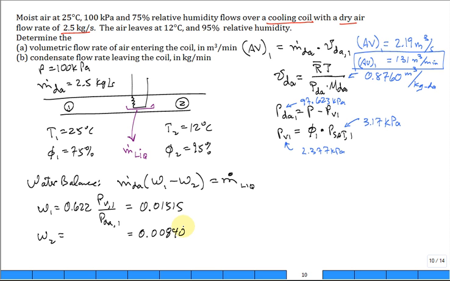Compare the two numbers. Omega 2 is less. There's been some dehumidification. And you calculate the mass flow rate of the liquid to be 0.0169 kilograms per second, or 1.01 kilograms of water per minute. All right. Does that look good?